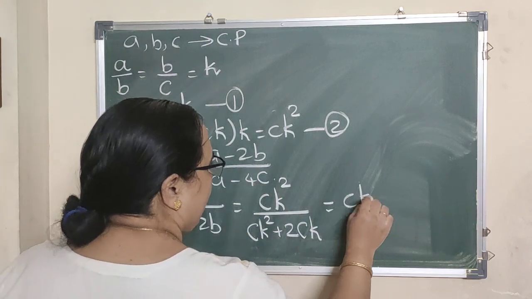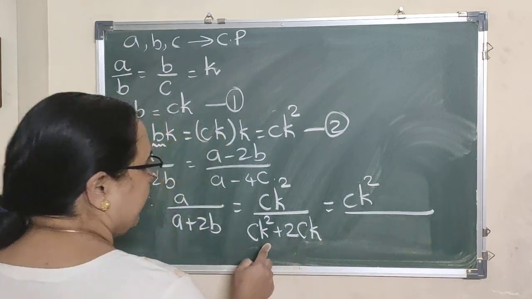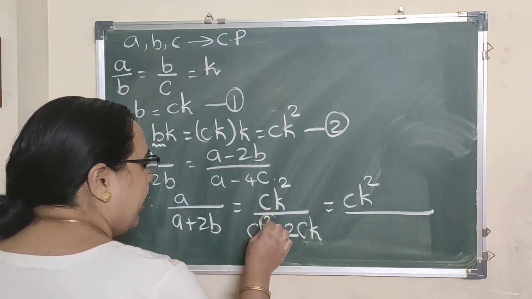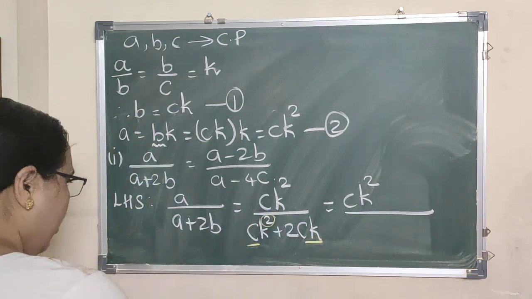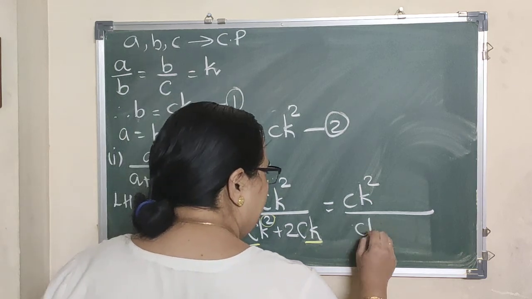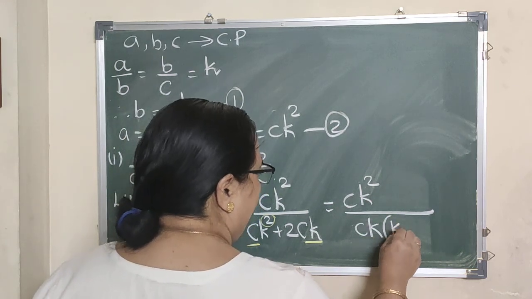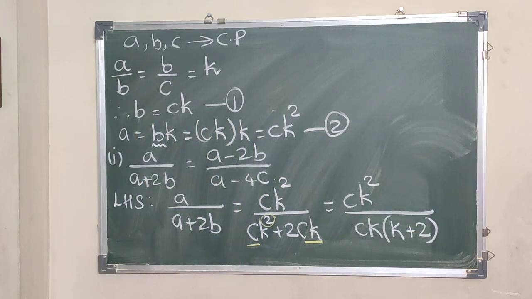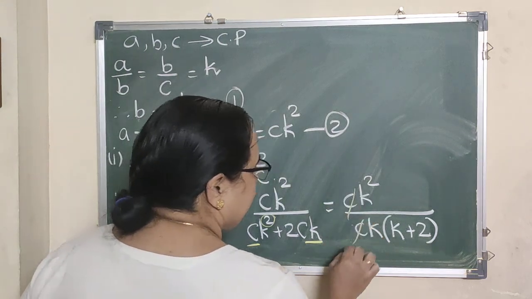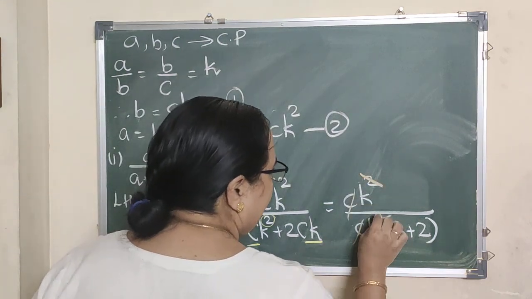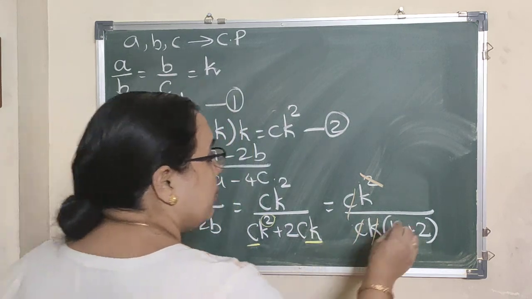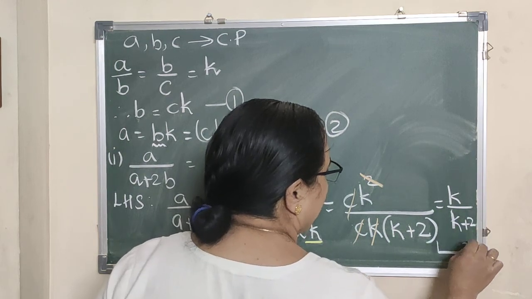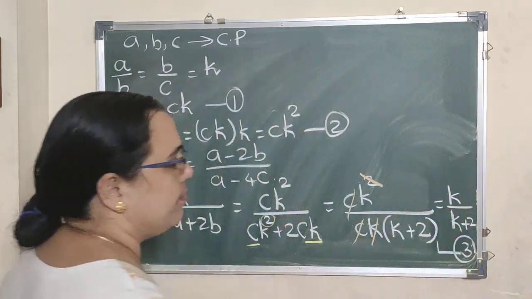What can I take out common in the denominator? Just check. I can take out 1C and 1K. Agreed? So it becomes CK bracket K plus 2. Try to cancel terms. C cancels. One of the K cancels here. To give you this as K upon K plus 2. Mark it as equation 3.